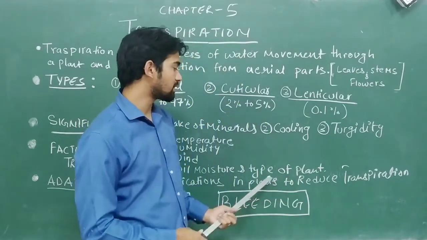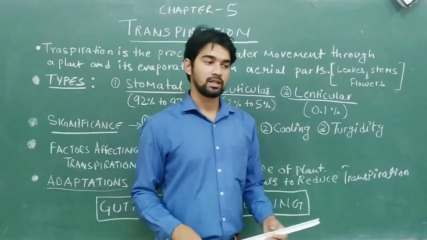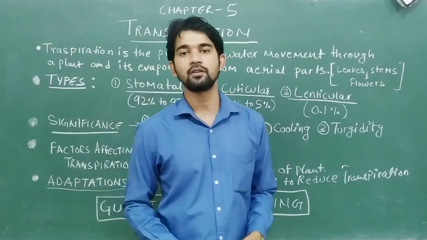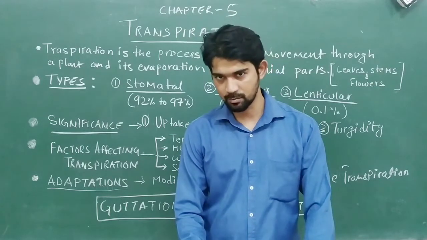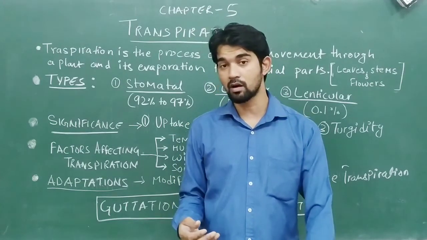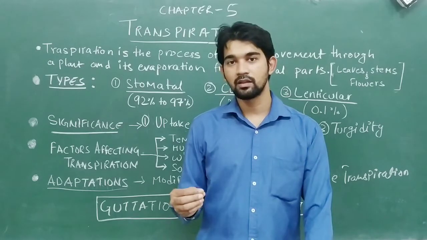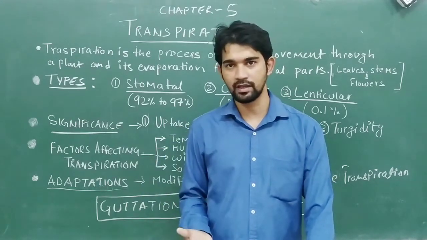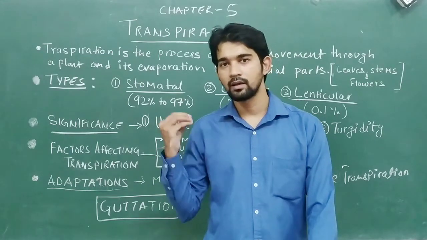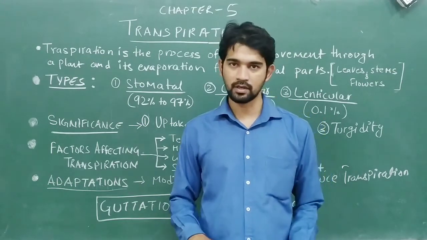The other is type of plant. The type or variety of plant also has an impact on transpiration, because some plants are made in such a way that they require very little water, hence their outer coating is very thick. This is why they do less transpiration.